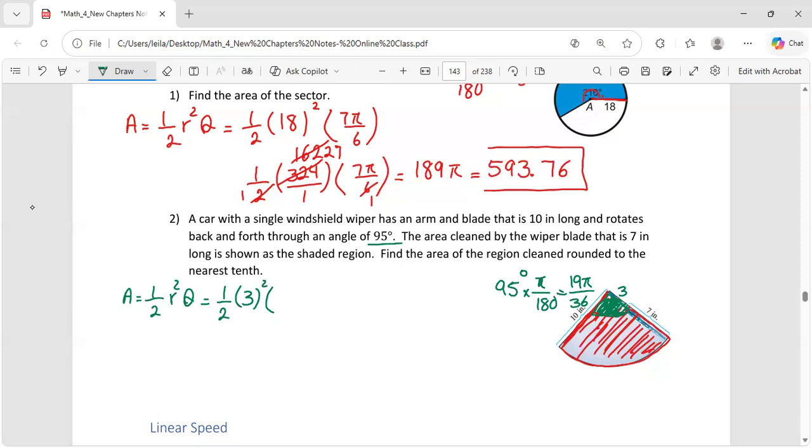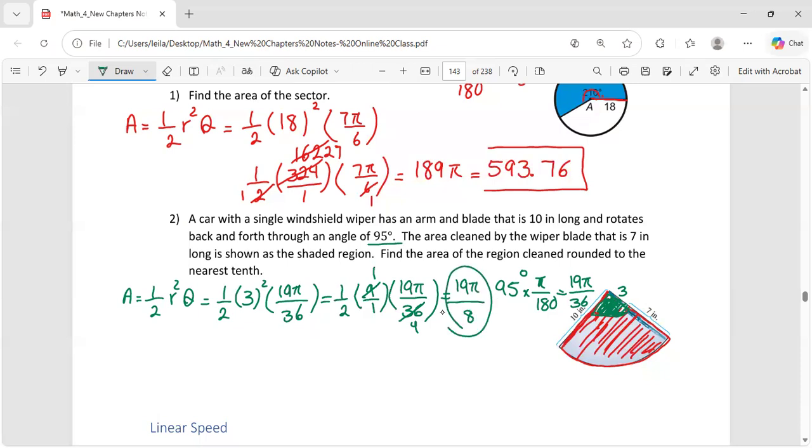And we replace it here. 3 squared is just 9, so we have 1/2 times 9 over 1 times 19 pi over 36. We can simplify 9 by 36 and then multiply across, so we get 19 pi over 8. That is the area of the green part, since the radius is 3 for that part.